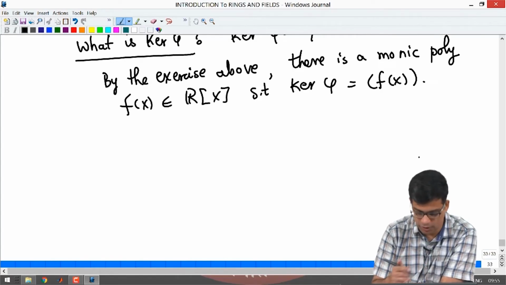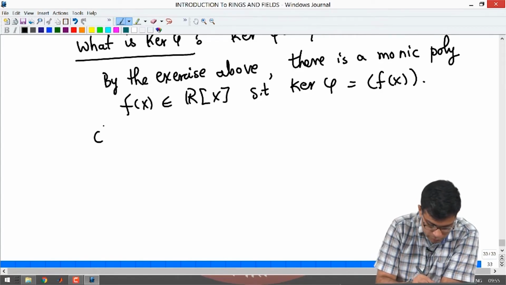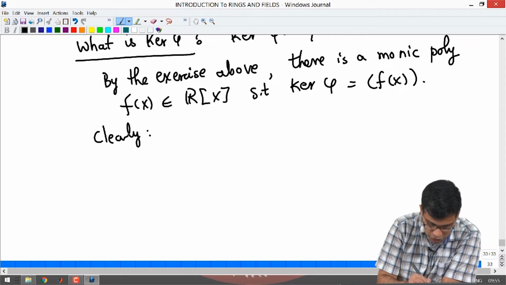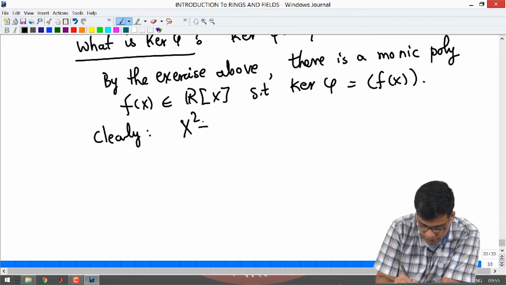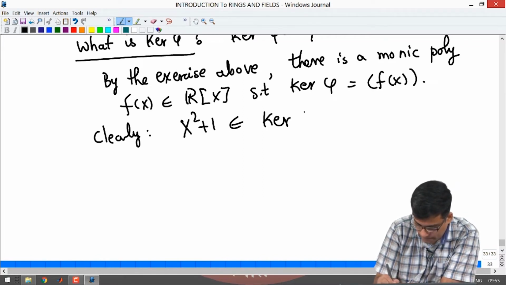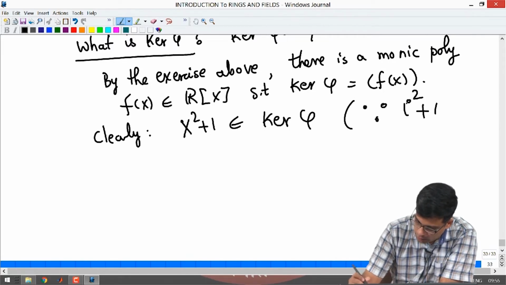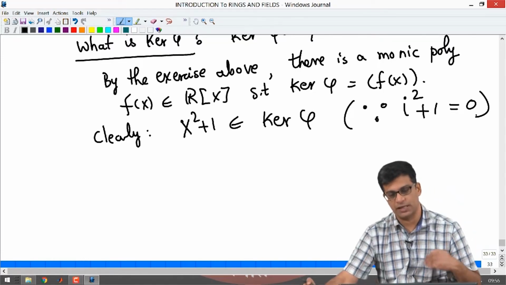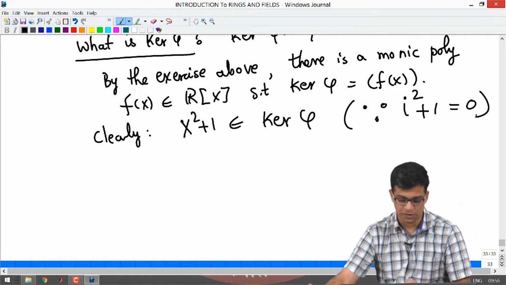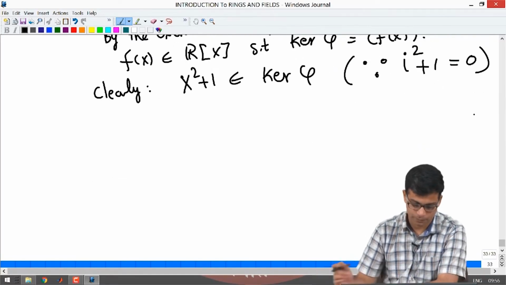What are some elements of the kernel? Certainly, by definition of i, x squared plus 1 is in the kernel, right. This is because i squared plus 1 is 0. If you take x squared plus 1 and substitute x equal to i, it becomes 0. So, x squared plus 1 is in the kernel.